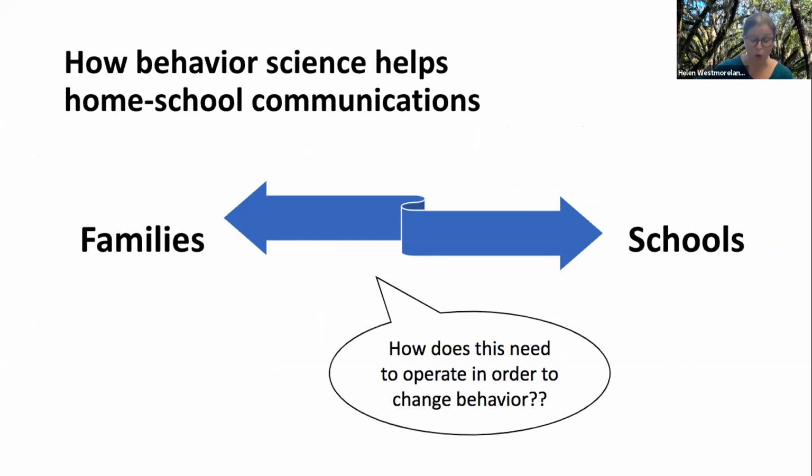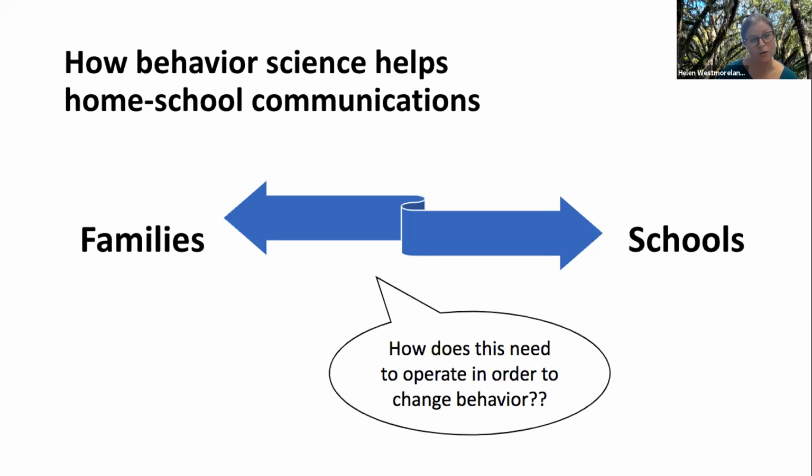So why focus on behavior science at all, and what does behavior science really mean for us? Behavior science and home-school communication are linked in a couple of important ways. When you think of your family-school communication system, in this little arrow here, you might think of all your online portals, your websites, your texting, the emails, the letters you send home, report cards, all these systems.